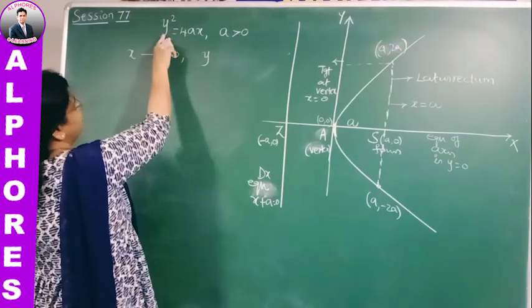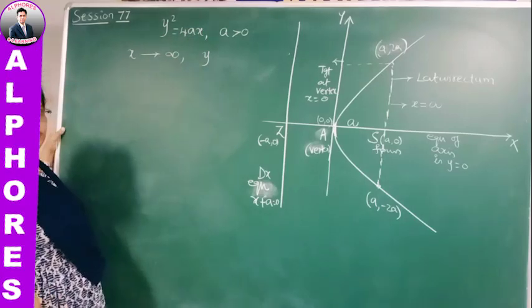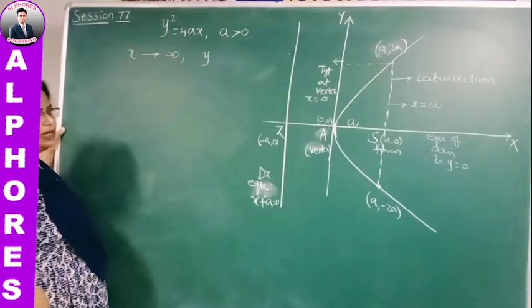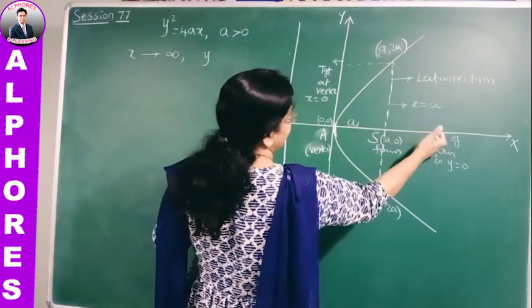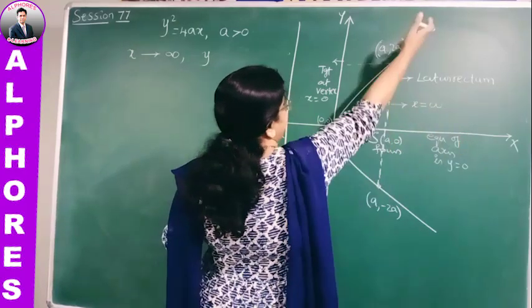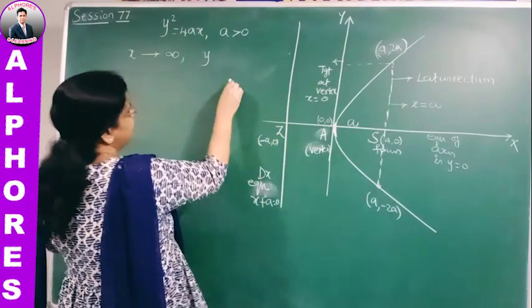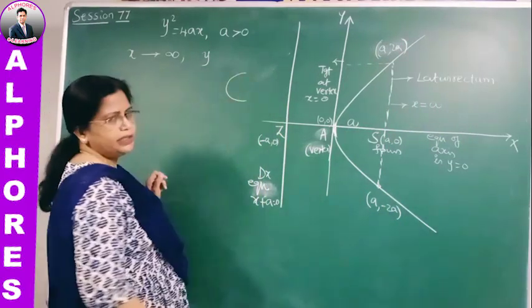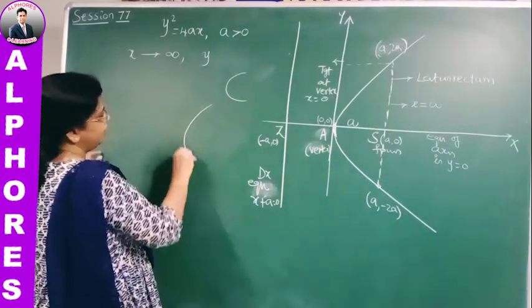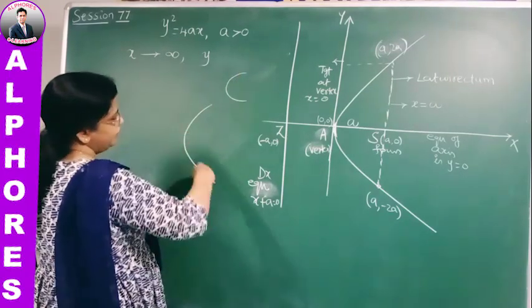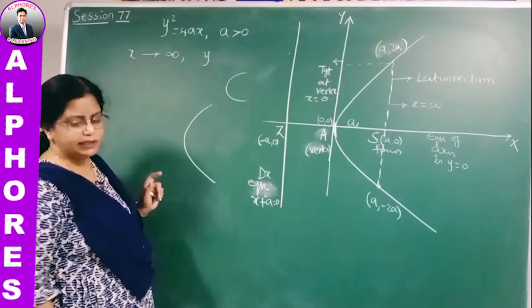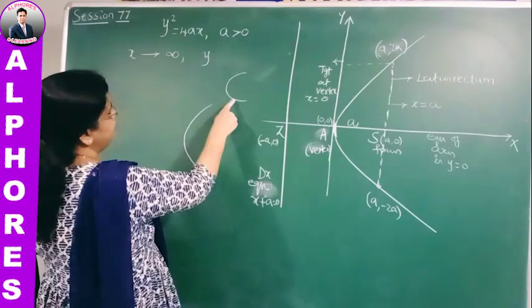Y square tends to infinity. If you increase the x values correspondingly, then y also becomes large. So whenever you draw a parabola, don't draw it in this way. You have to draw the parabola like this. That means the values can go to plus infinity as well as minus infinity.